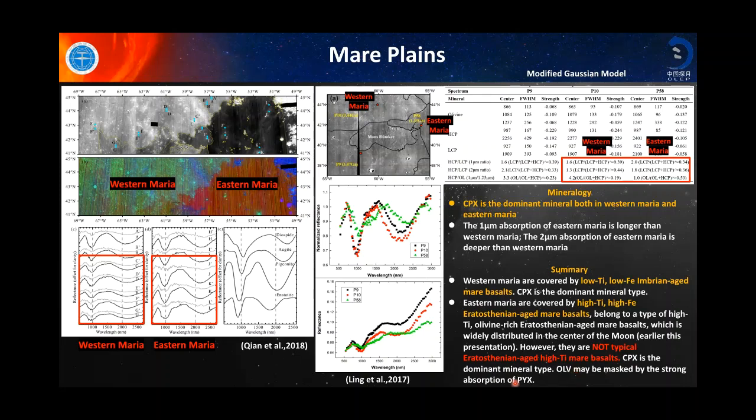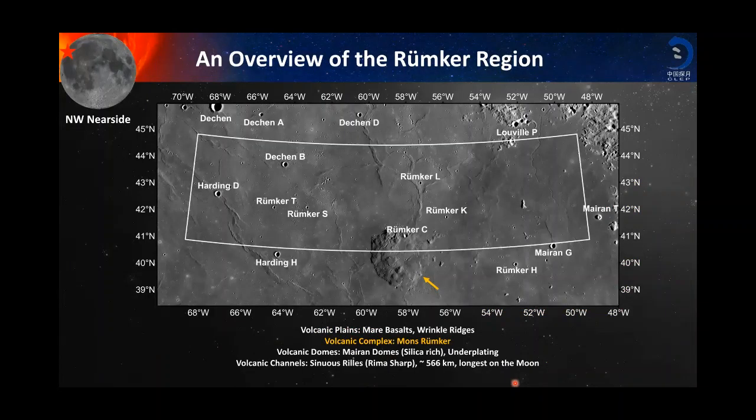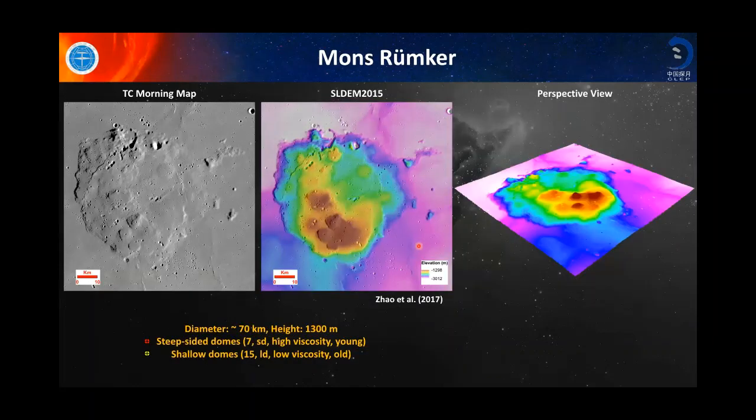Okay, so just to finish the most important part, and then we can go through other volcanic features. The most prominent volcanic feature here is Mons Rümker. Mons Rümker is a huge volcanic complex in this region, and we already did a lot of geological surveys of this region, by Zhao et al. from our group.